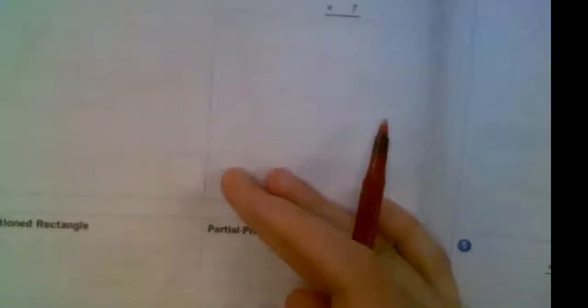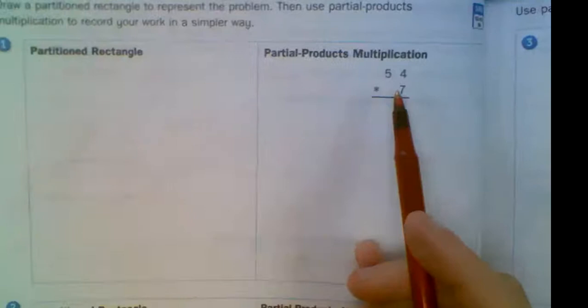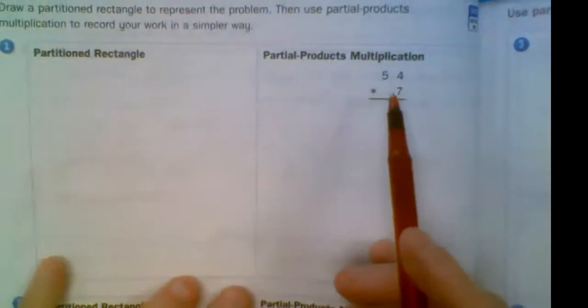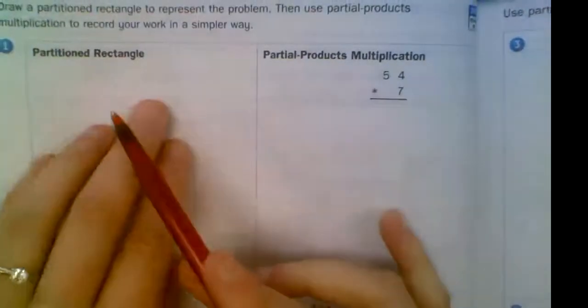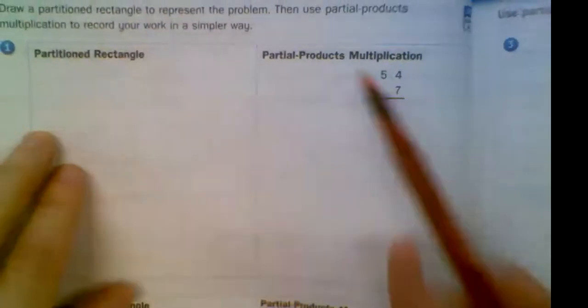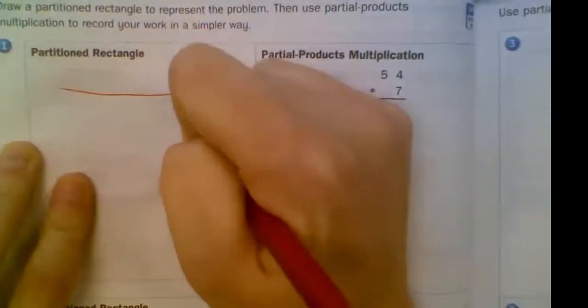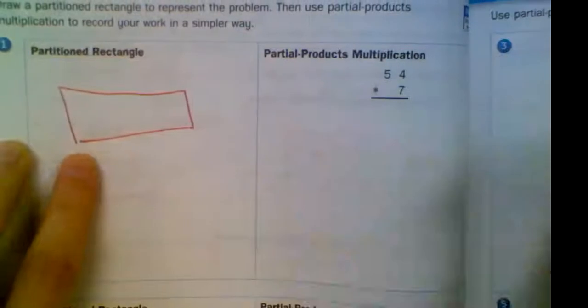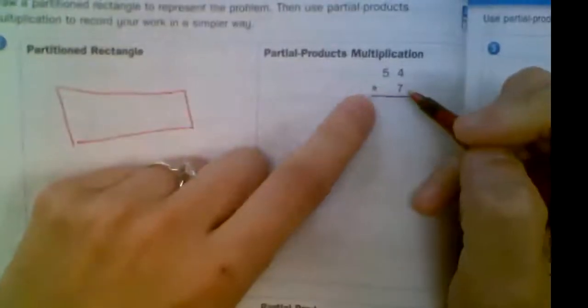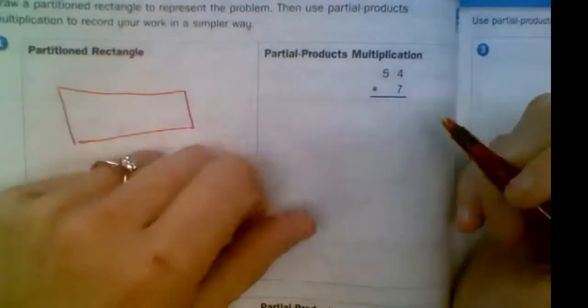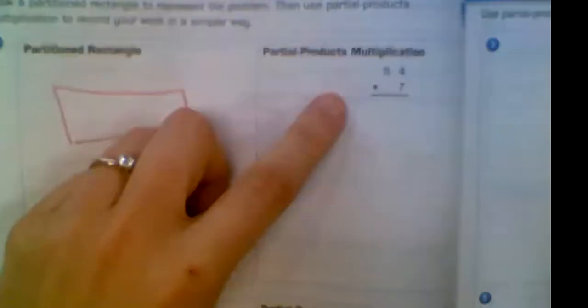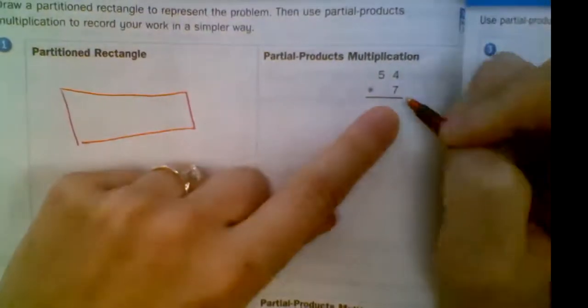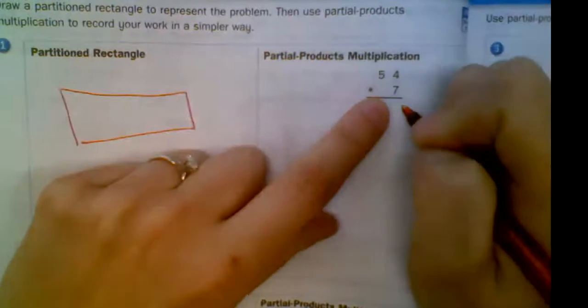Okay. So now for number 1, they gave us the equation here. So we're going to solve it the way I just showed you. And then we're also going to do it the partitioned rectangle, the one where we break it into a couple parts. Okay, so here we go. We're starting on the right. The what? Right. You're right. Okay, so we go 7 times 4 is 28.